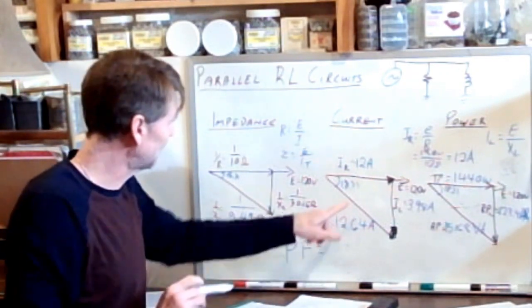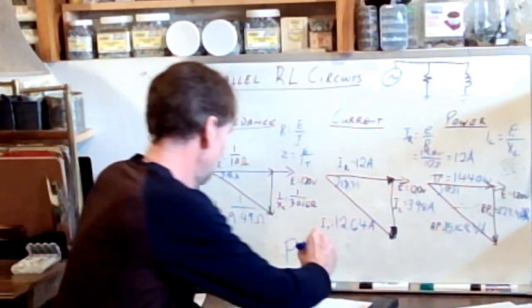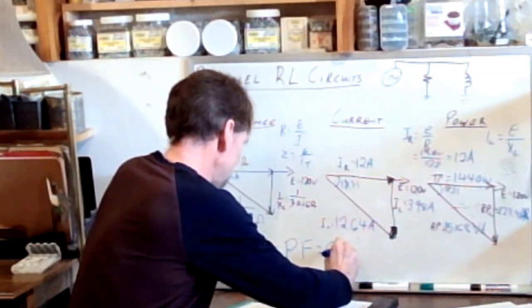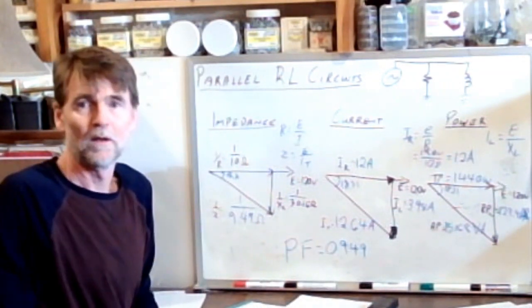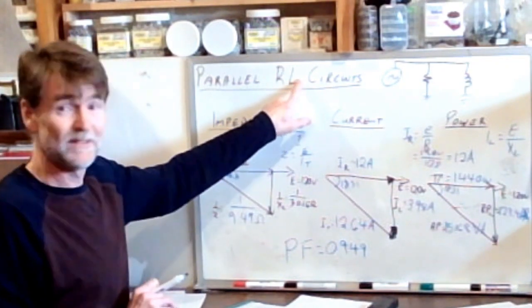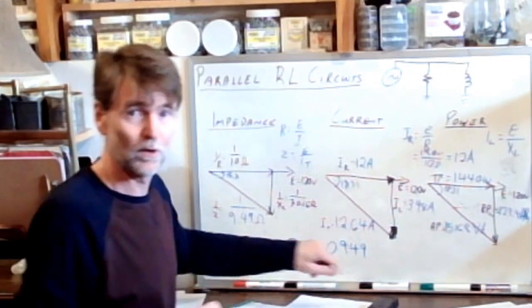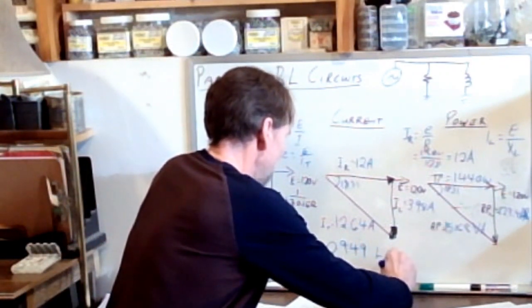It's going to be a good power factor, with a nice small angle there. Our power factor is 0.949. And is it a leading or a lagging power factor? It is an inductive circuit, which means the current lags the voltage, making this a lagging power factor.